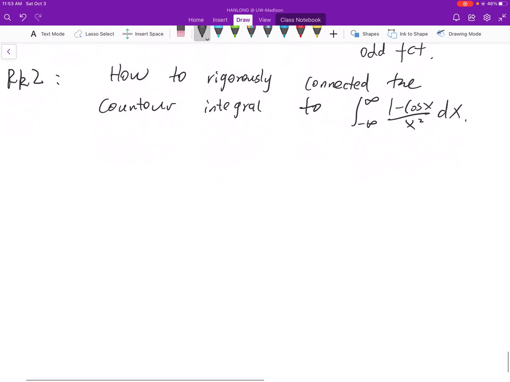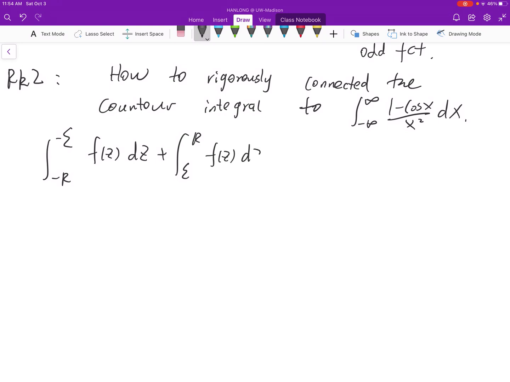So actually what we proved is that the integral of f(z) dz plus the integral of f(z) dz from epsilon to R, taking the double limit, this is pi.